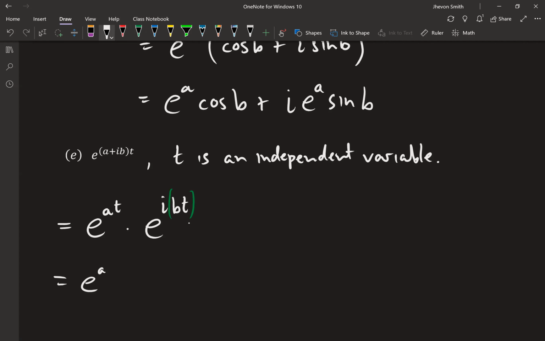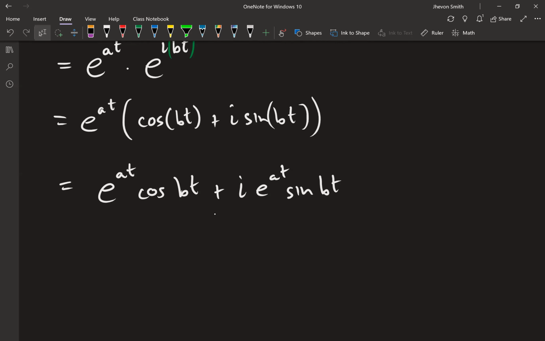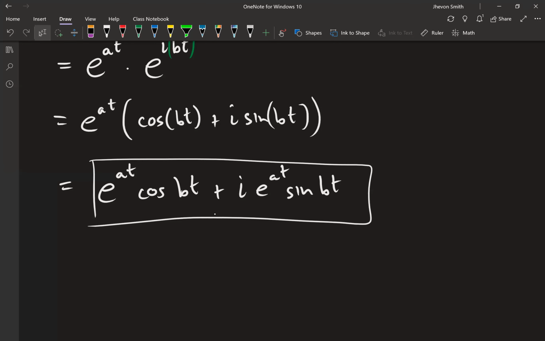I would be able to write this as e to the at, apply Euler's equation, which gives me cosine bt plus i sine bt. Therefore, I'll be able to expand this into e to the at cosine bt plus i e to the at sine bt. Now, that is going to be relevant as of tomorrow's class, pretty much immediately.